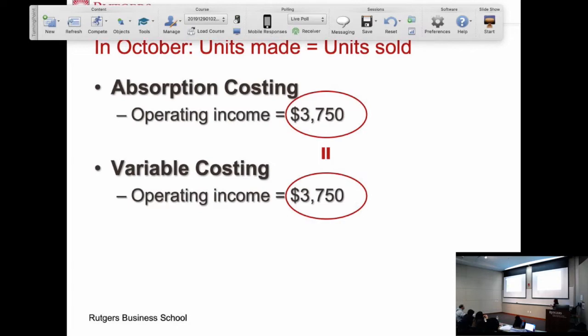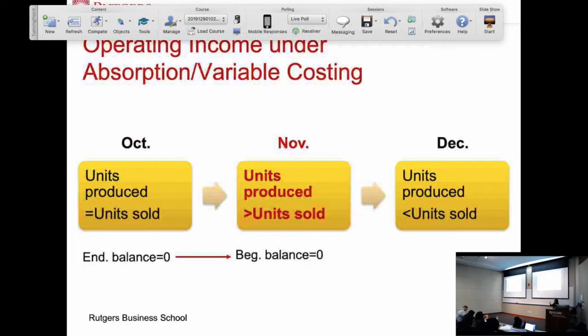So now let's look at when the units produced are greater than the units sold. My question is, in October we made the same amount as what we sold, and also in October we do not have any beginning inventories.